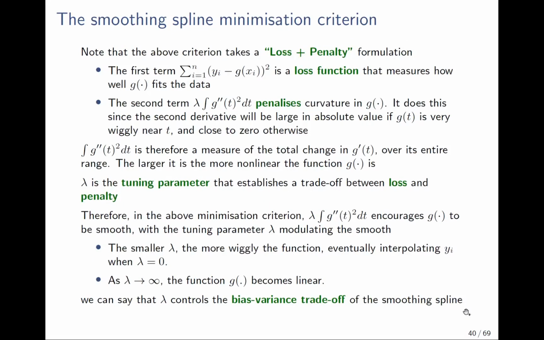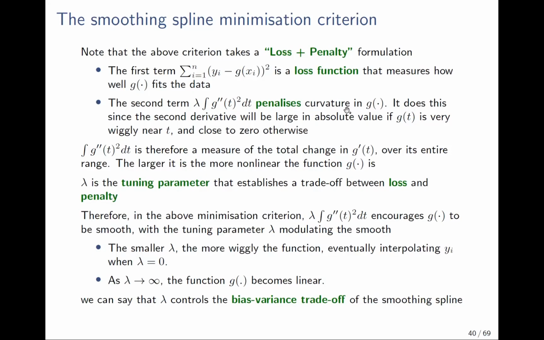Now, importantly, note that the above criterion takes a particular format. It's got a format of a loss and a penalty. The first term is the loss function. That's measuring how well our function g fits the data in the usual way. The second term, lambda times the integral of the second derivative squared, penalises curvature in the function.